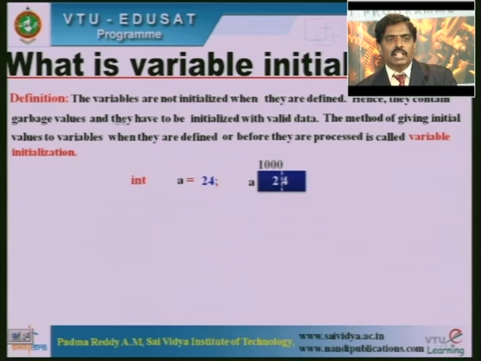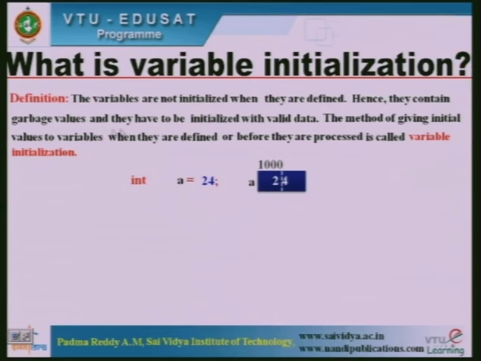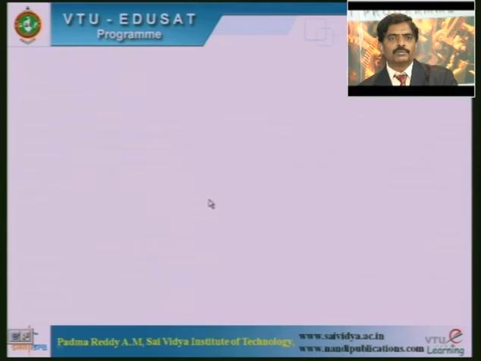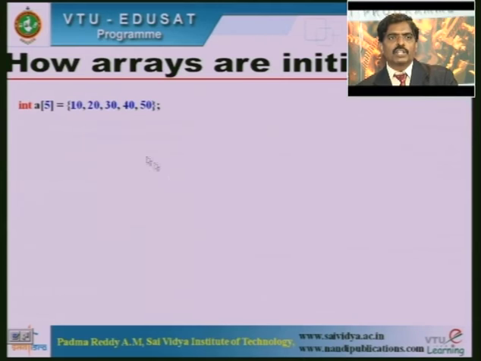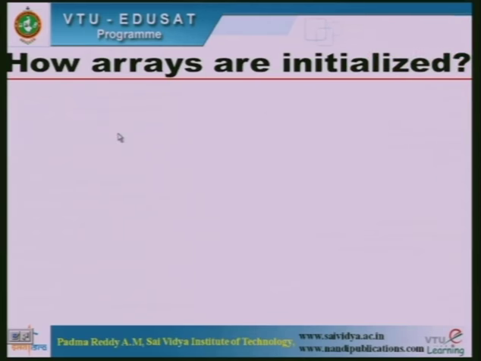Hence they contain garbage values and they have to be initialized with valid data. The method of giving initial values to variables when they are defined or before they are processed is called variable initialization. For example, this one. Now the question is how arrays are initialized. Look at this.